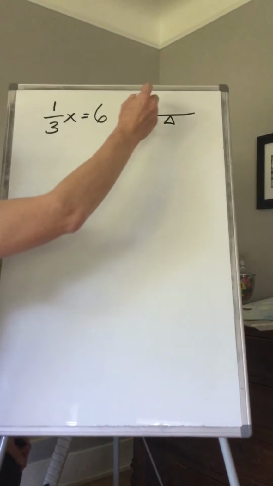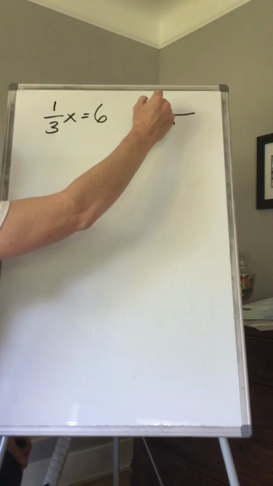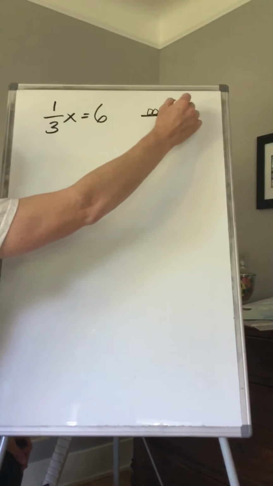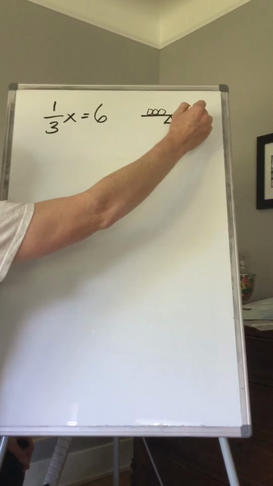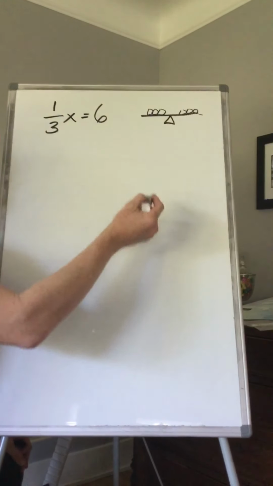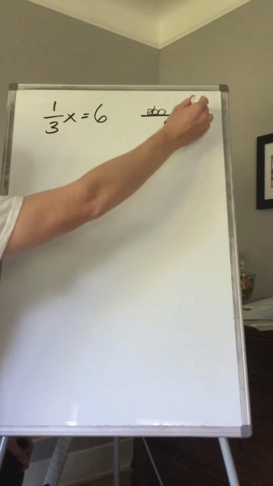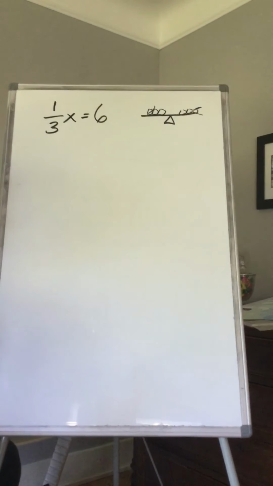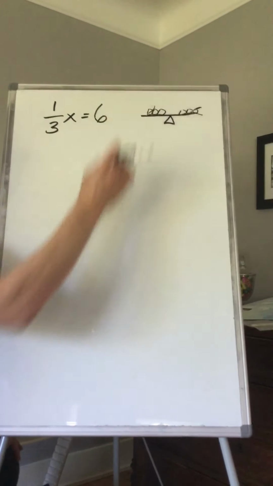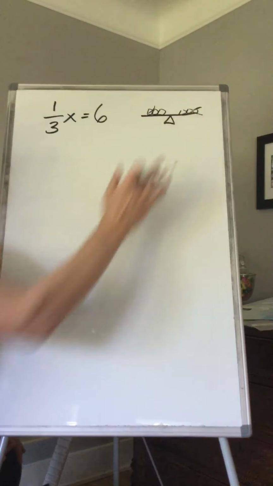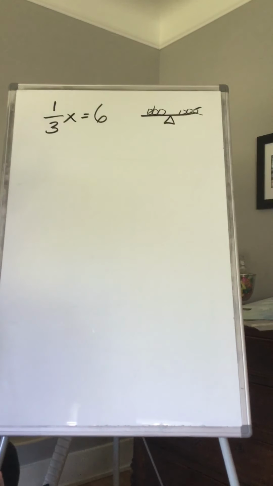Okay, and imagine if we had to take one block off of this, we have to take one block of this to make it equal. So whatever we do to one side of the teeter-totter, we must do to the other side. So if you notice this, my denominator is 3.